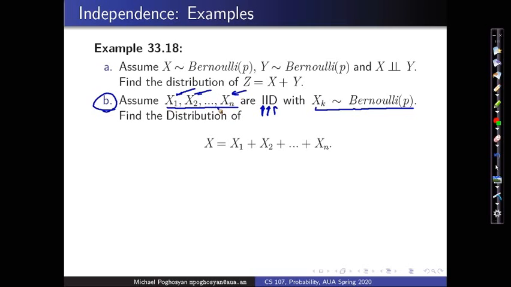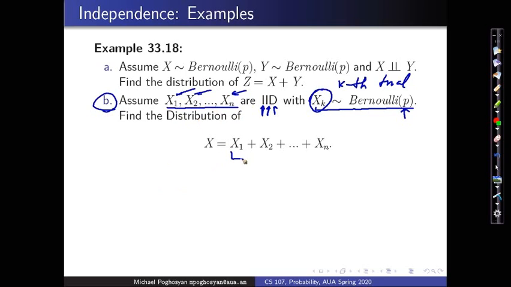Xk is showing whether in the k-th trial I had success or not. If this is 1, my k-th trial was a success. Otherwise, it was a failure. The probability of success in each trial is p. And they are independent, so I'm doing trials independently.